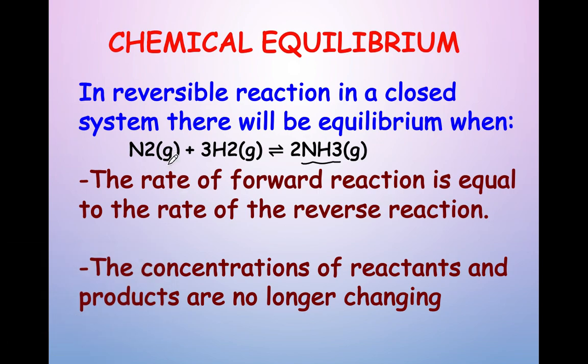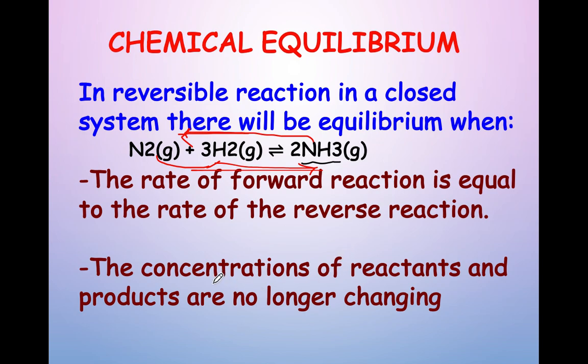The rate at which nitrogen and hydrogen react to give ammonia is the same rate at which ammonia dissociates to give hydrogen and nitrogen back. So if the rate of the forward reaction equals the rate of the backward or reverse reaction, that means there is an equilibrium in this reaction.